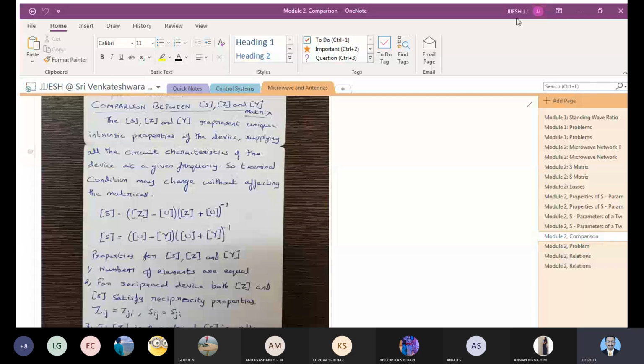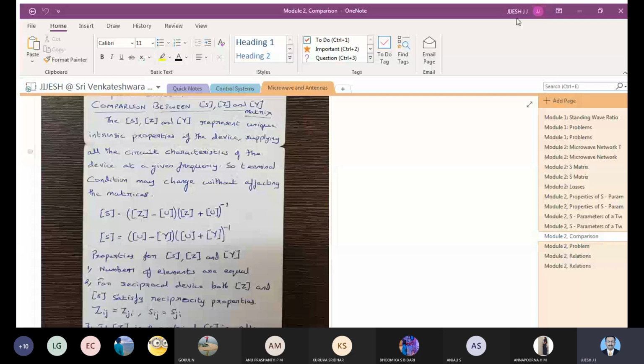So the comparison between S matrix, Z, and Y matrix we'll see today. We have already studied all the matrices and their properties independently. We know what each matrix is about and how it impacts the entire network.